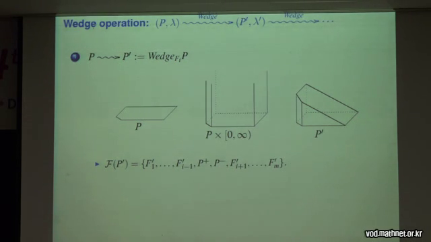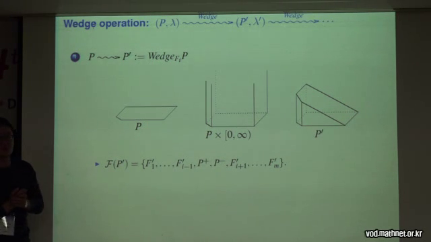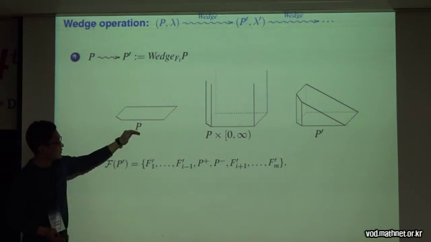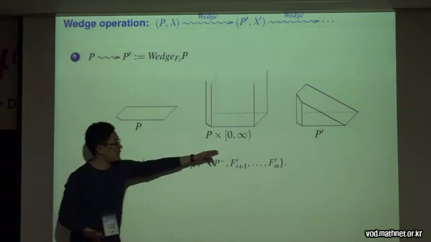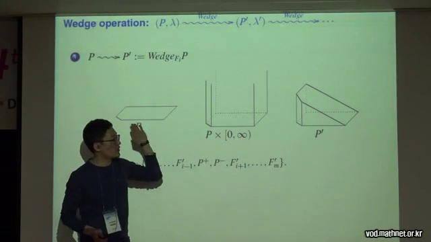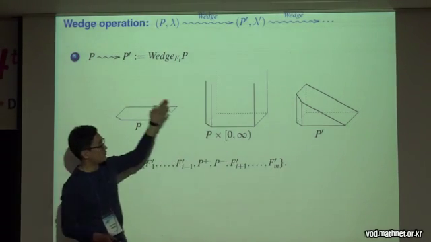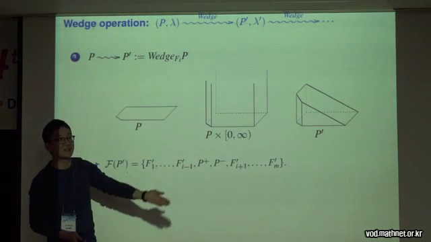Wedge is a way to produce a new characteristic pair from the original one. Hanchul already gave a very nice overview, but if you just focus on the polytope, you take the original polytope, take a product with a half ray, and then cut by a hyperplane like this.